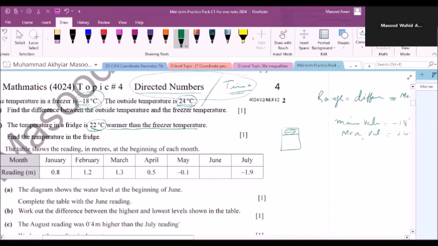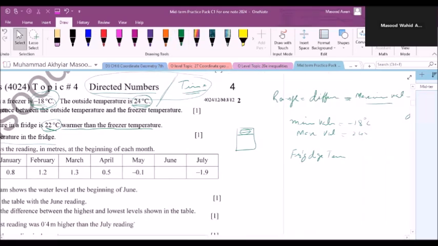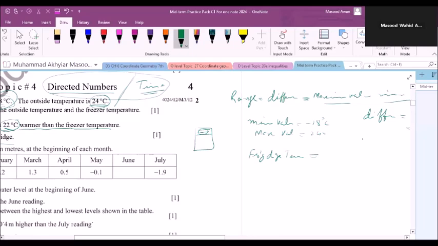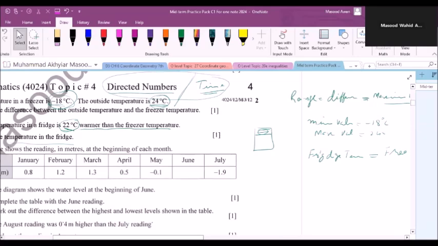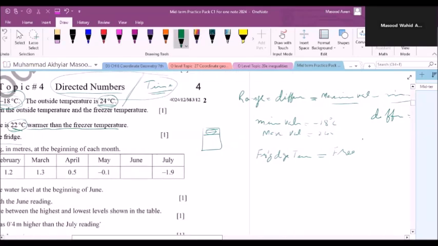So find the temperature in a fridge. Fridge temperature is equal to the temperature of the freezer plus 22 degrees.